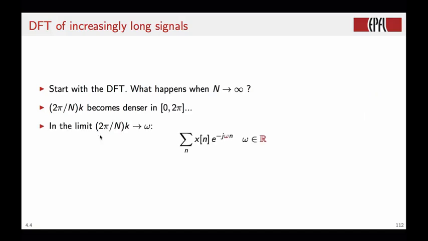In the limit, the set of multiples of the fundamental frequency 2 pi over N will become so dense that we will try to replace this by a real valued variable omega, and this real valued variable will span the 0 to 2 pi interval. So if we replace that in the formulation for the DFT, we get a sum now over all the points in the signal, and instead of having multiples of the fundamental frequency, we have a real variable.